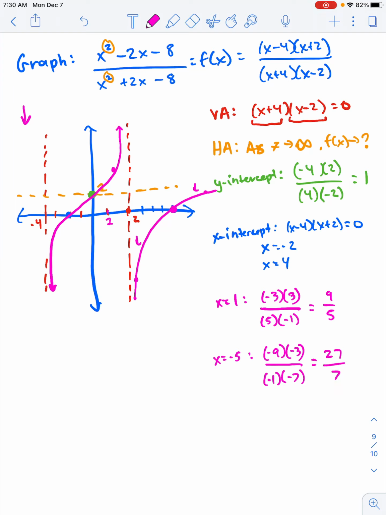Okay, so this is positive. It's a positive value. It's almost 8, so I'm somewhere up here. And again, I know that this has to keep going upwards as I'm getting closer to the vertical asymptote. And down here, we're going to have to start getting closer to that horizontal asymptote. So here's my final graph.